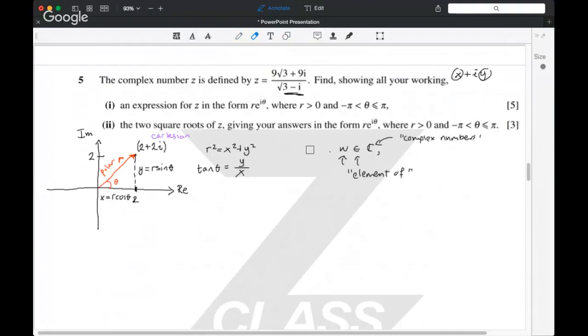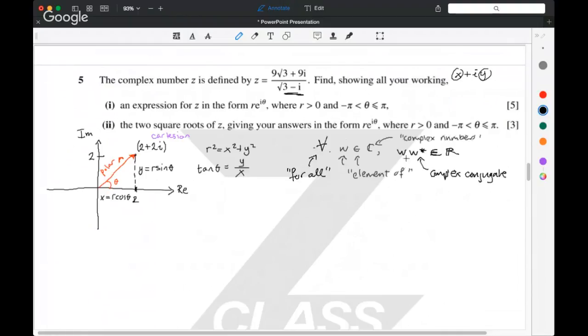I'm going to use one more symbol because I think it's good to know, and this means 'for all'. So for all w in the set of complex numbers, w times w star is in the set of real numbers. This is the complex conjugate. And this is a profound result.